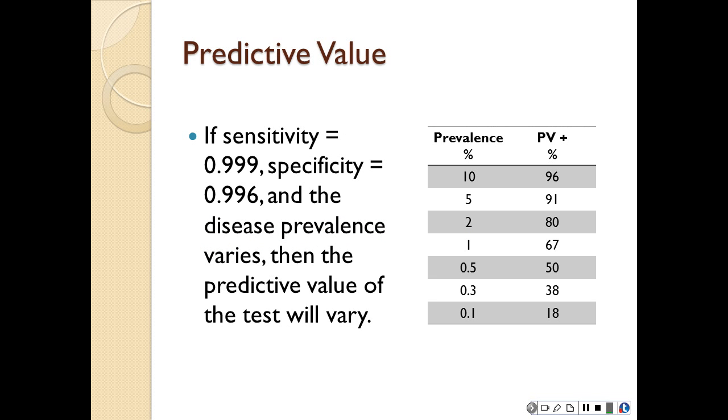So, positive predictive value, I'll say it again, is telling you that if you have a positive test, are you correct in really assuming that you have the disease? It's dependent upon the prevalence of the disease in the population. So, the higher the prevalence in the population, the higher your predictive value will be, assuming you have a sensitive test. So why is this important?